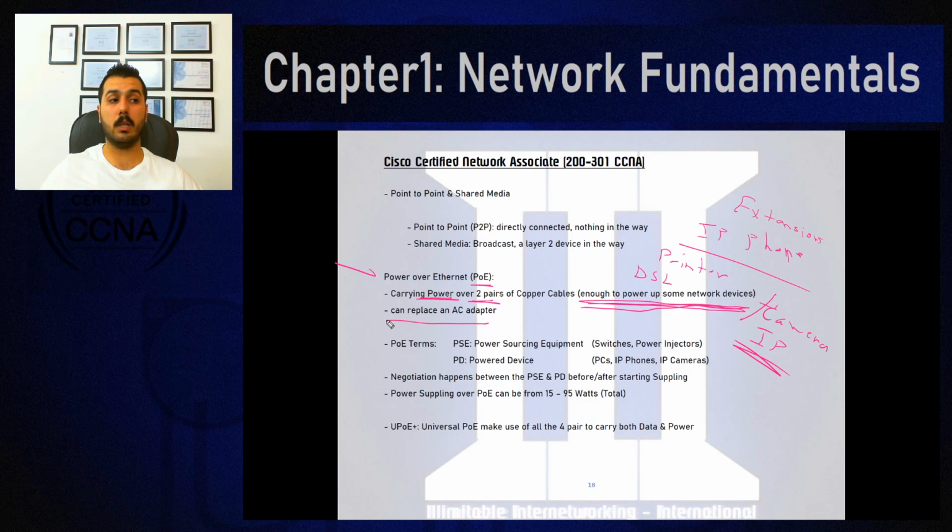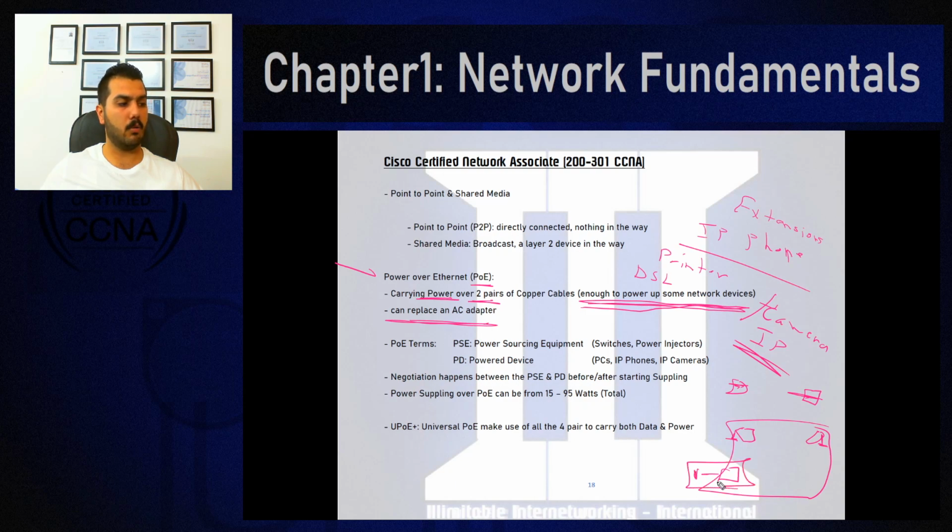It can completely replace an AC adapter, so this will minimize a lot of the disruption of cables. Maybe you have this wall or this room, and there are cameras watching, and more cameras everywhere.